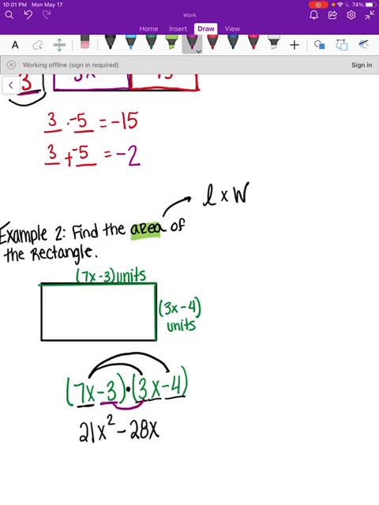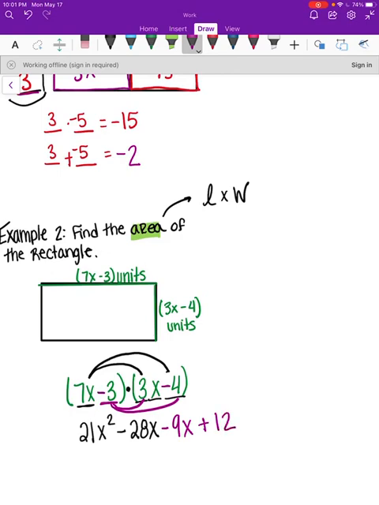So negative 3 times 3x. Negative 3 times 3 is negative 9x. And then negative 3 times negative 4 is a positive 12.